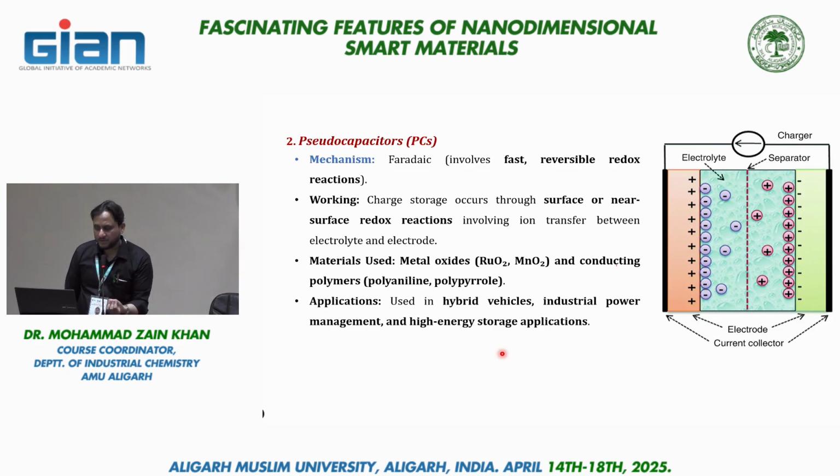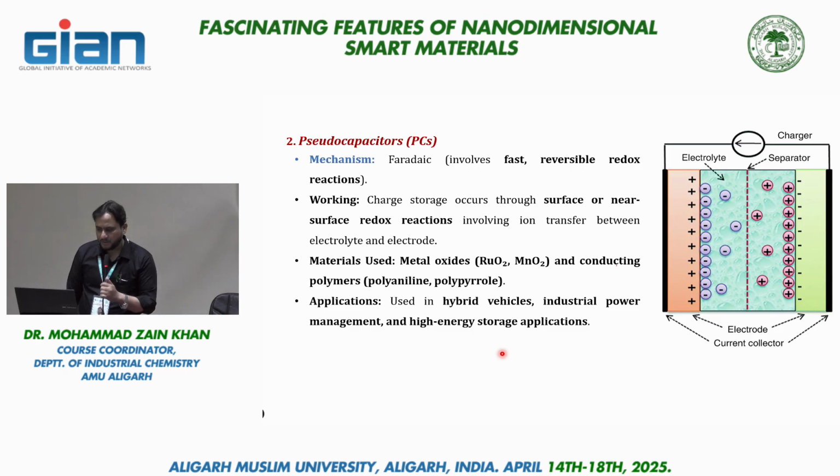So in the case of pseudo capacitors, when the metal releases charge, it forms ions. These electrons are immediately taken up by the electrode and transferred through the external circuit, and when the electrons reach the other side, they are taken up by some other metal ions, which undergo reduction. On one side we have metal ions which undergo oxidation. This type of behavior will be observed in pseudo capacitors.